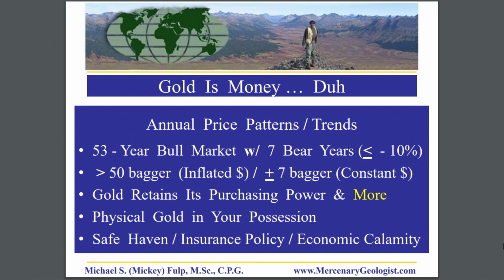So that's basically a 7, divide it by 7, and you get, in constant dollars, from 1970 to 2022, gold has returned in real value terms a 7-bagger. It's gone from $35 an ounce to a constant dollar value of $264, and that, in terms of purchasing power, is a 7-bagger on your holdings of gold in 1970.